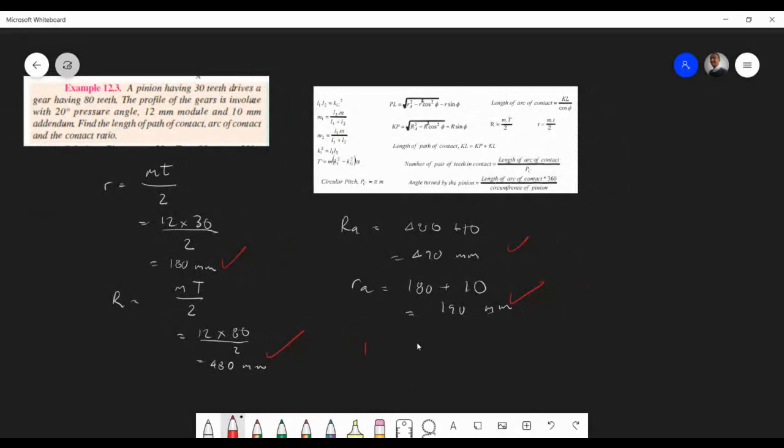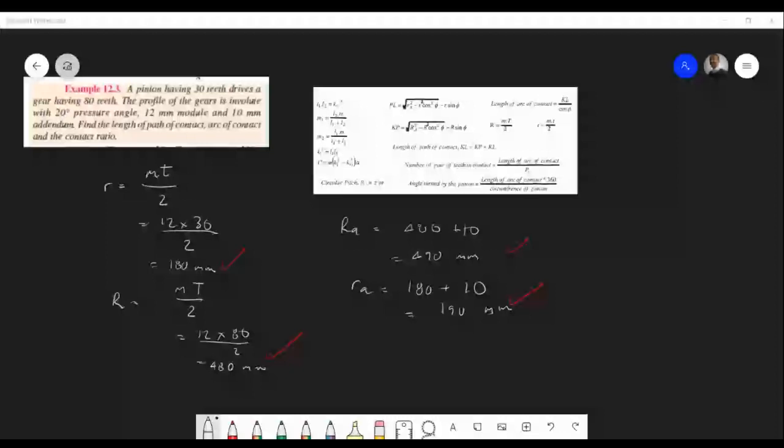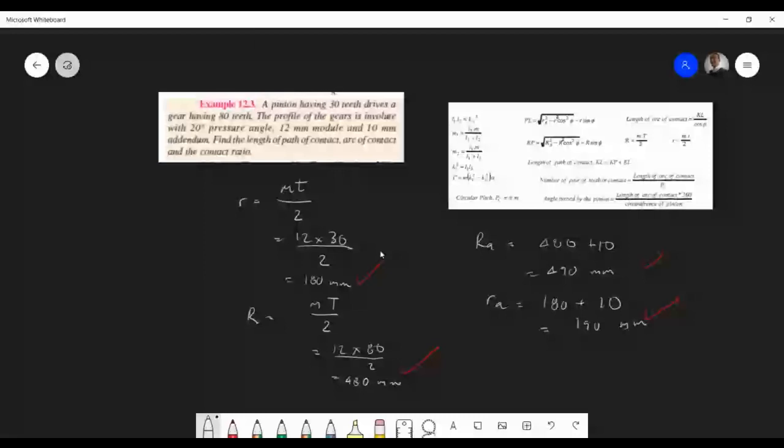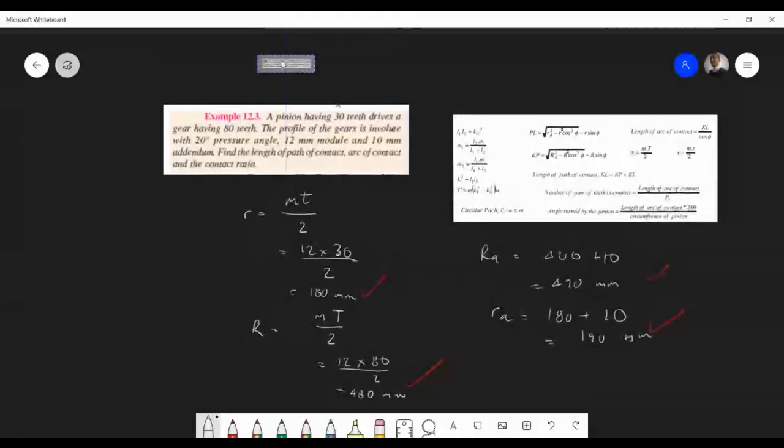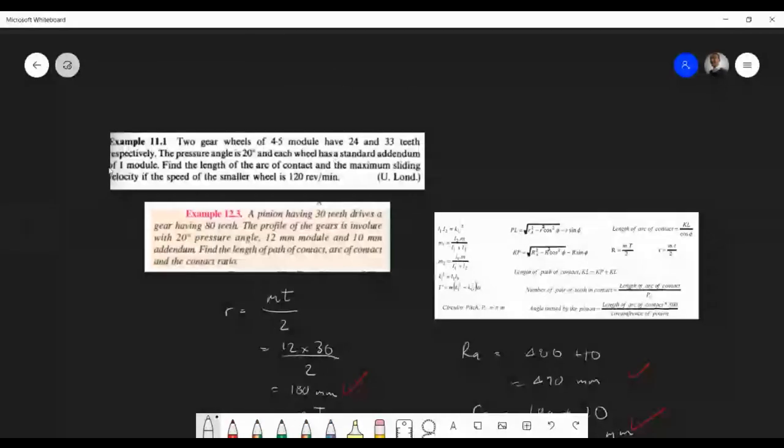I thought last time we used, in this case, we're supposed to use 12. Why 10? It's given you a 10 millimeter addendum. Last time the addendum was the same as the module. Now it's different. No, don't worry, I didn't mention it. Can you see they say each gear has a standard addendum of 1 module?